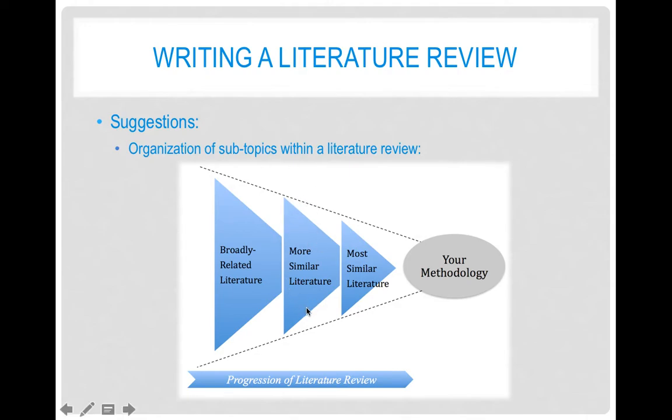And then second, we look at more similar literature, for example, international student adjustment. There are many articles and research related to it. Then look at the most similar literature, and it leads to your methodology.